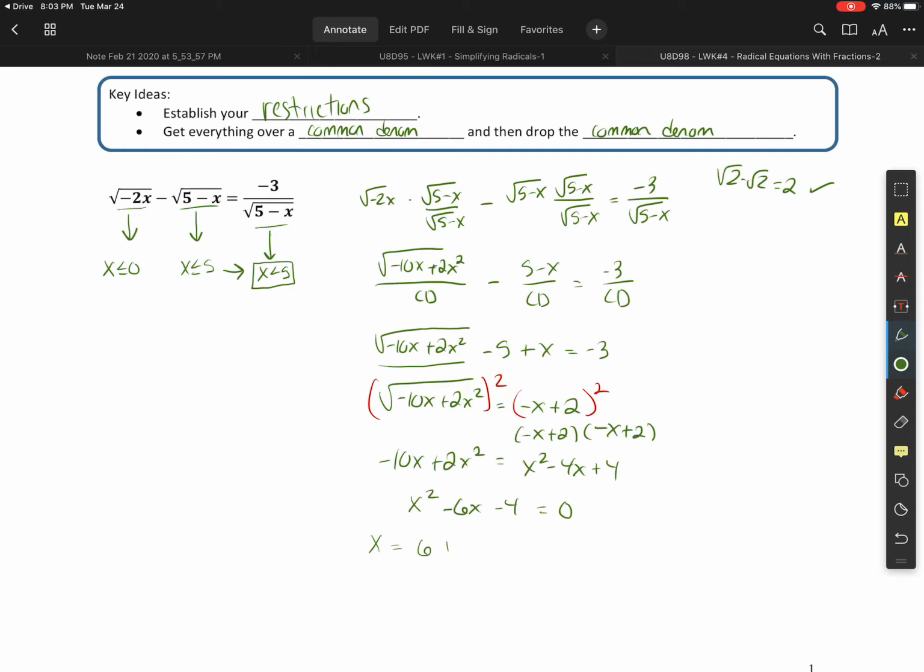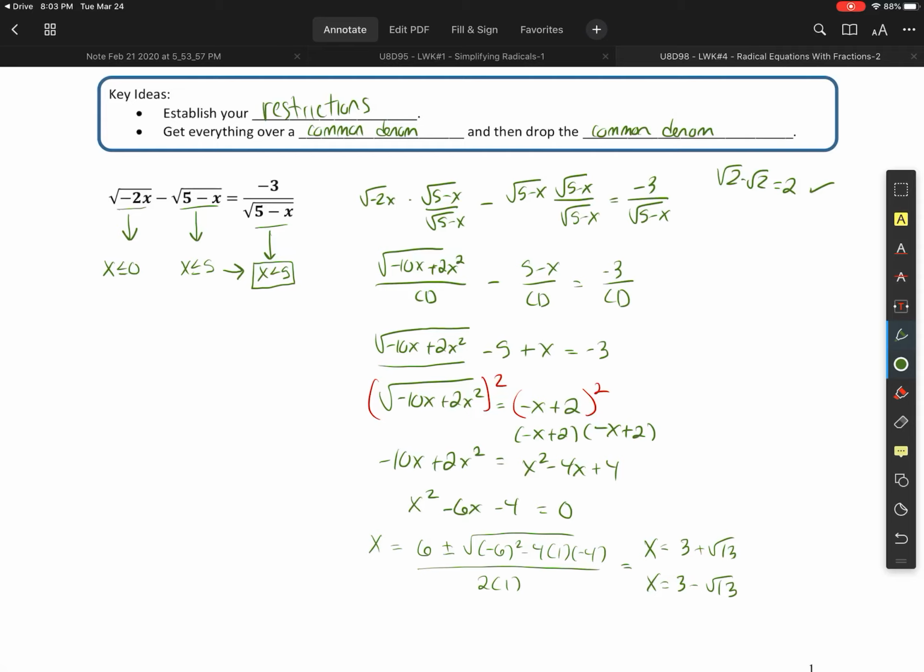X equals -b plus or minus the square root of b squared minus 4 times a times c, all over 2 times 1. Alright, so we simplify the numbers under the rad. We break things down. In the end, what do we get? x equals 3 plus rad 13, x equals 3 minus rad 13.